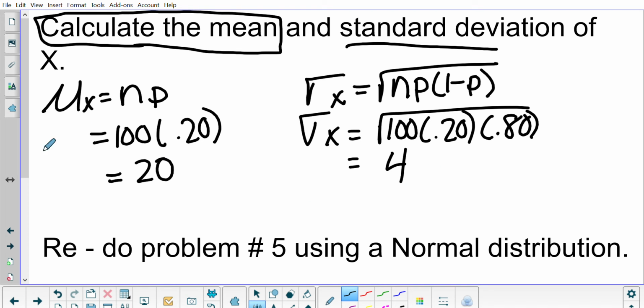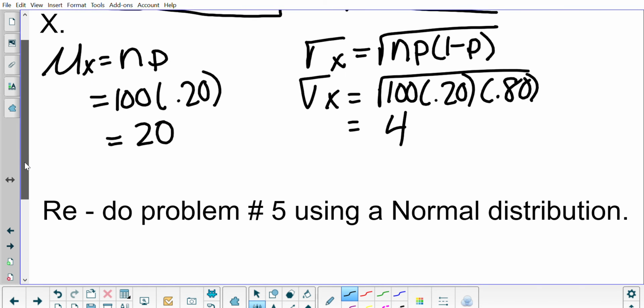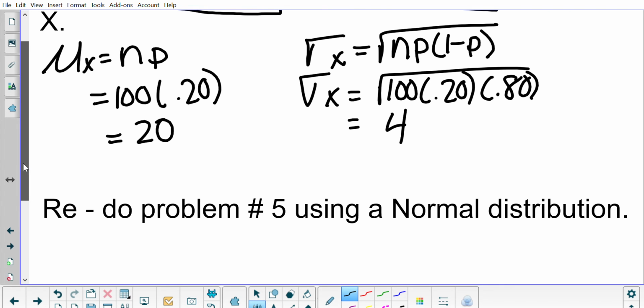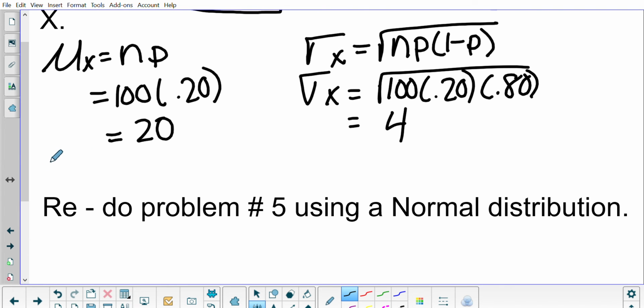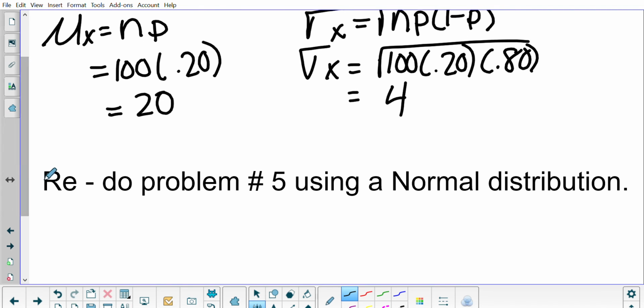All right, so let's see. If I use my normal CDF, will I get the same answer as when I use my binomial CDF? I'm actually going to do a little review on z-scores, because you might not always be able to rely on your calculator. Your z-scores will help you find the probability.